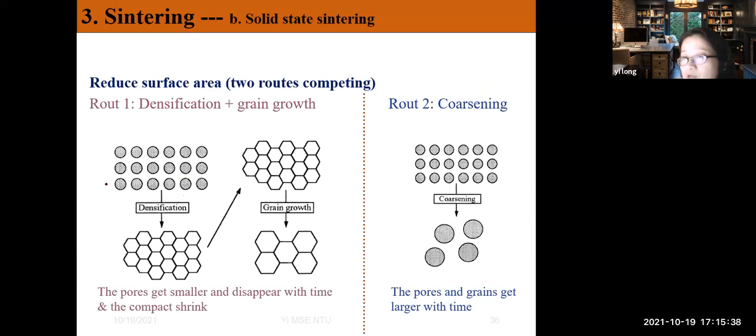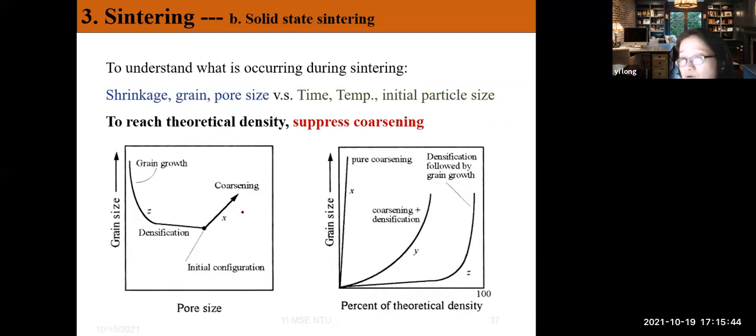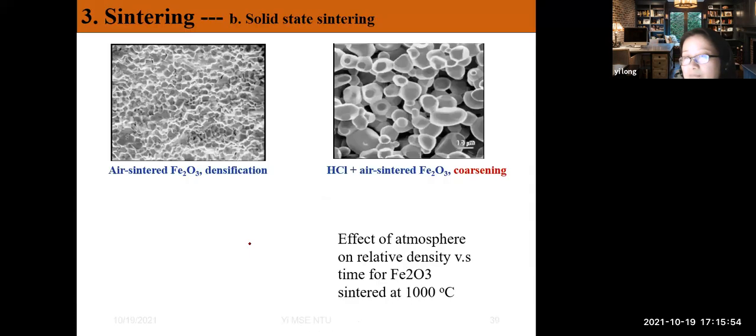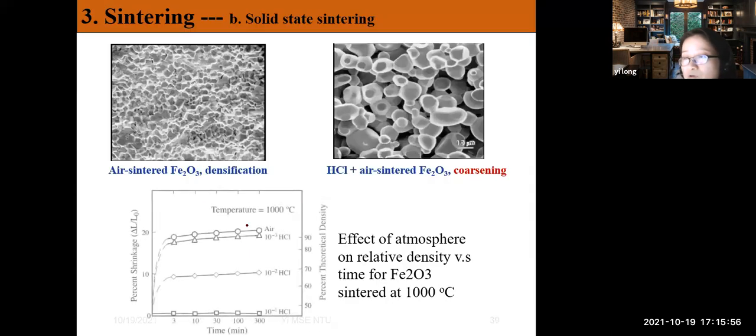So these are the two routes. Route 1 is for densification, route 2 is for coarsening. This is the essence of this course. If you need a ceramic one, please try to suppress this coarsening. All the real things, no need. This is also one of the examples: this one is densified, this one is porous.